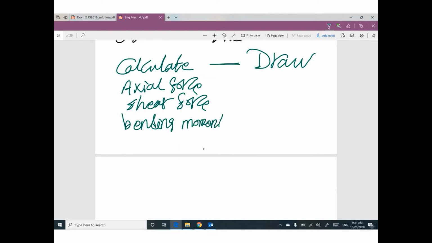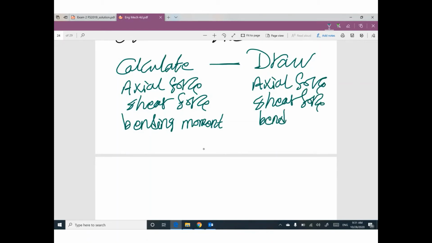Also, draw axial force, shear force, bending moment diagrams. There is a big difference between this problem and this problem.